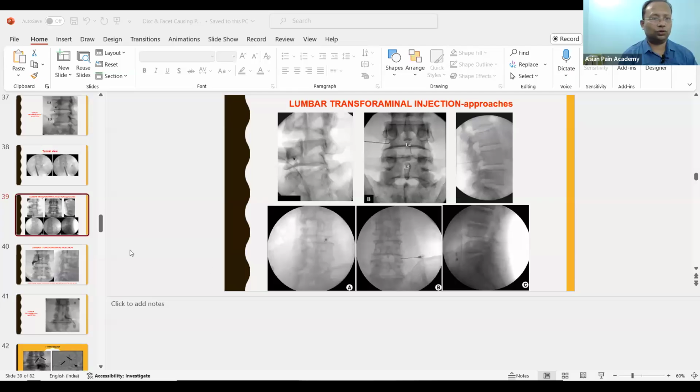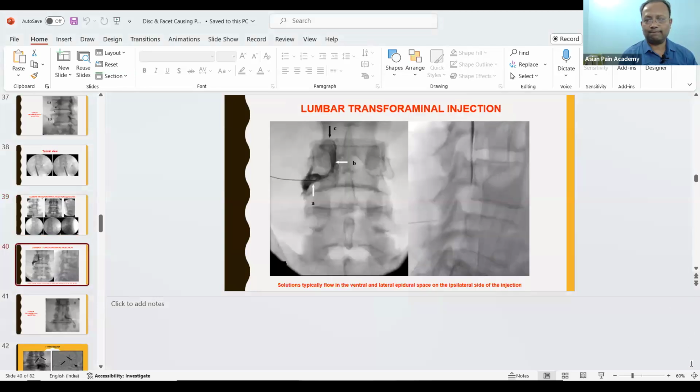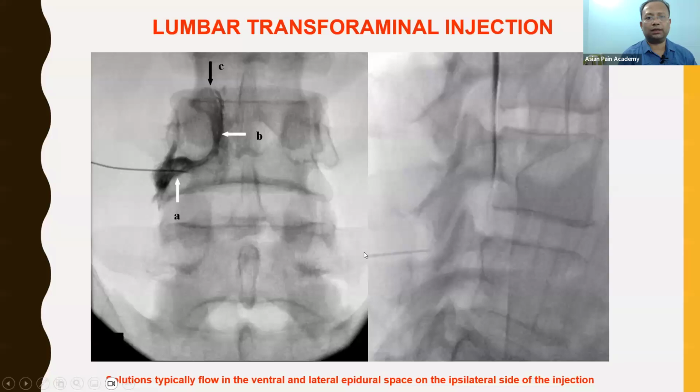Let's see if I can show you some. So this is transforaminal. Once the needle is there, in the AP view you can see the contrast is going superiorly in the epidural space.